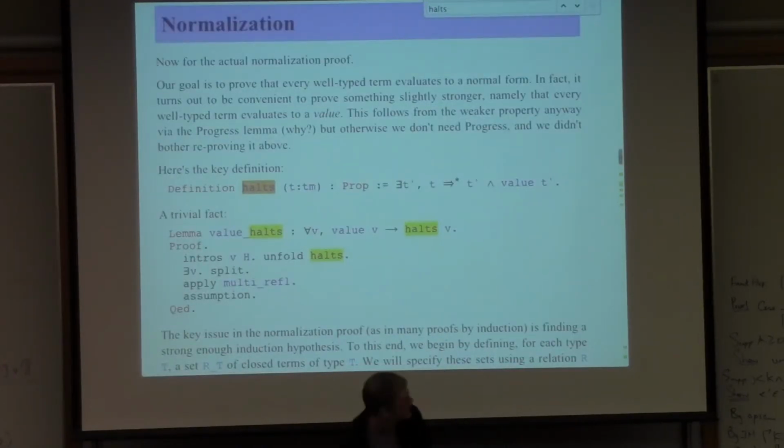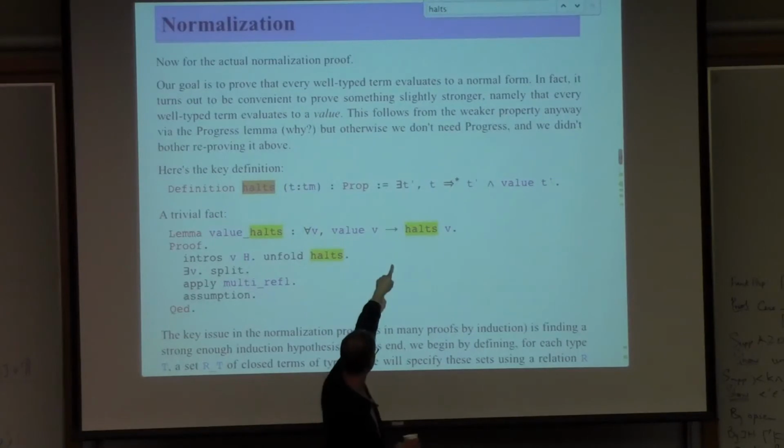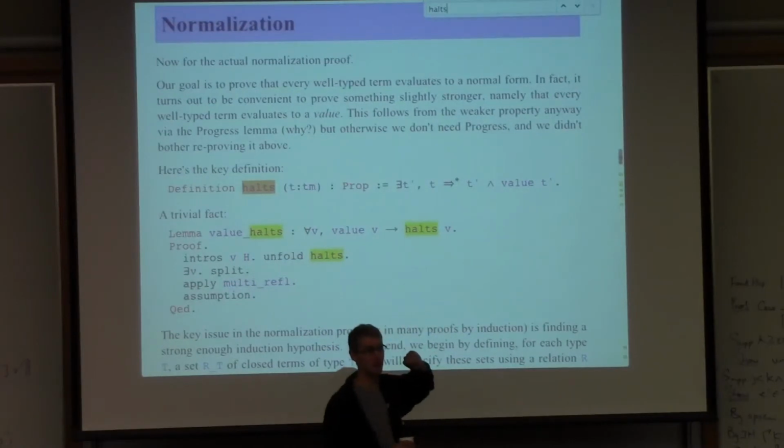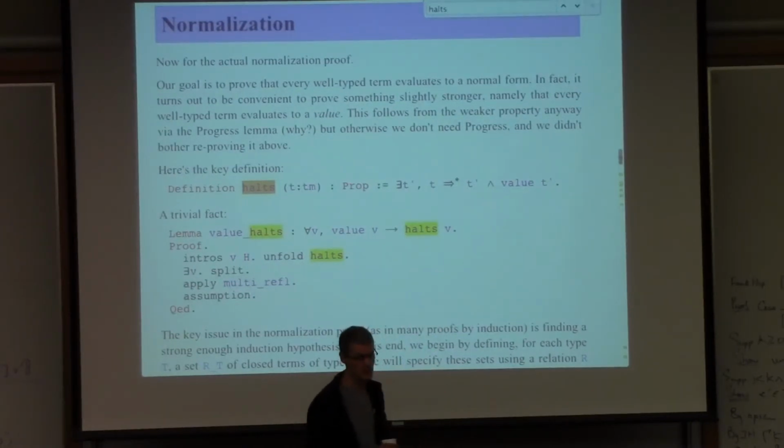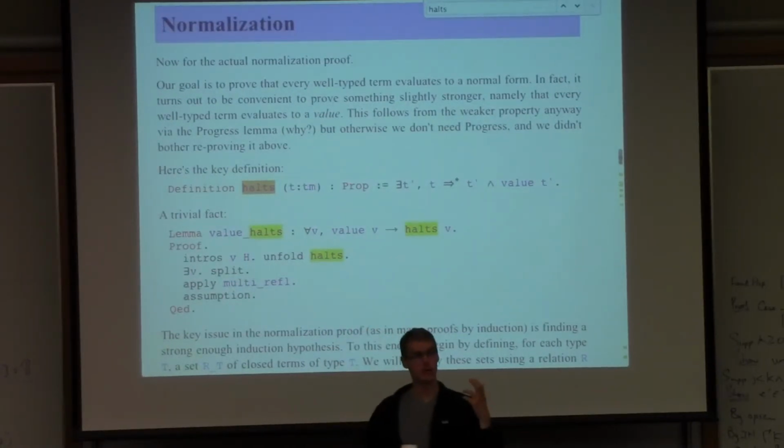There it is. There exists T prime such that T steps, perhaps using many steps, to T prime, and T prime is a value. Okay, so there's a theorem, normalization, which says every well-typed term halts in this sense.